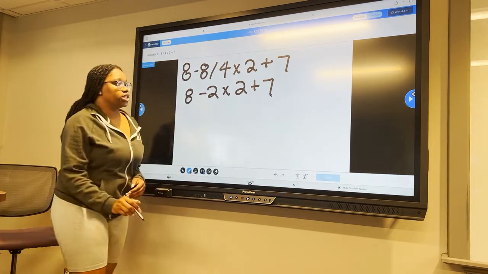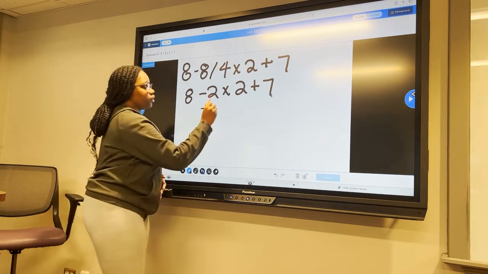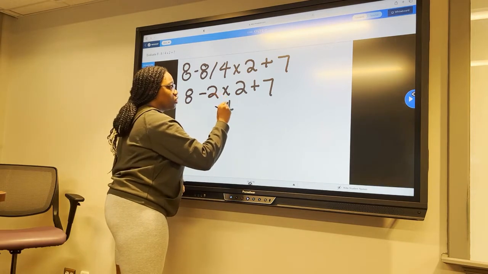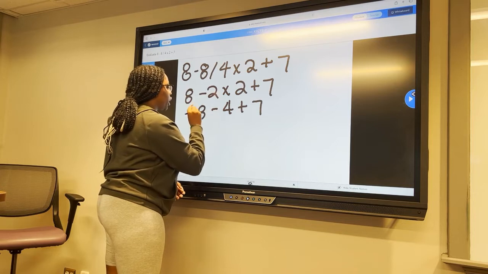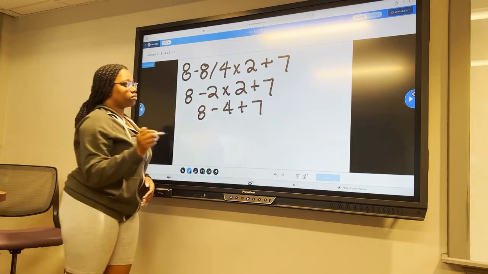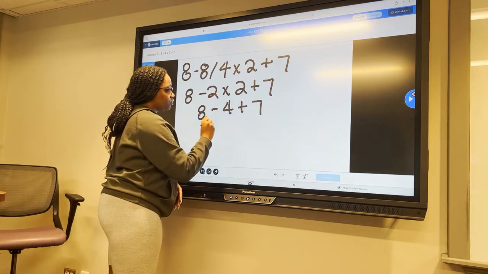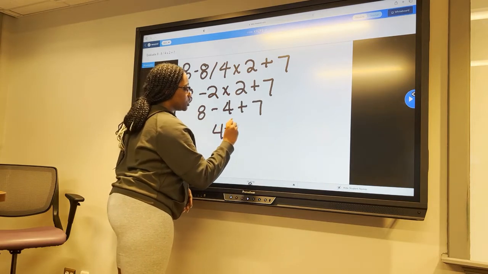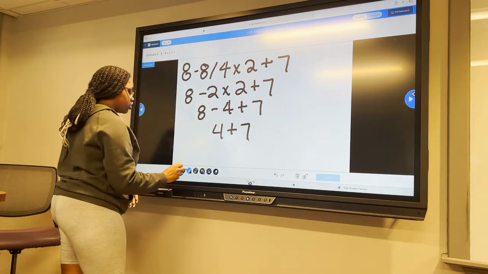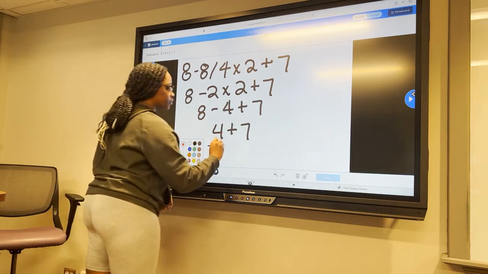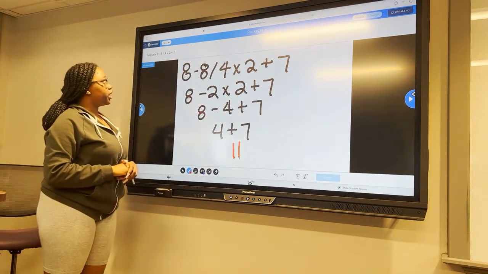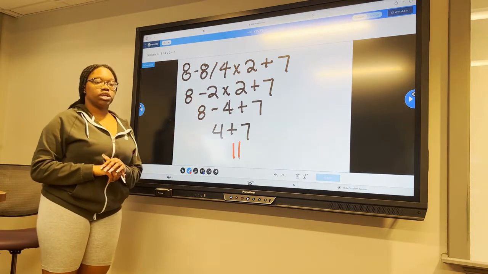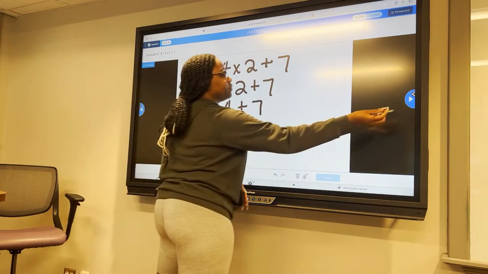What will be our next step? 2 times 2, which equals 4. From left to right, where do we start? 8 minus 4, which equals 4, plus 7 gives us an answer of 11. So 8 minus 8 divided by 4 times 2 plus 7 gives us 11.